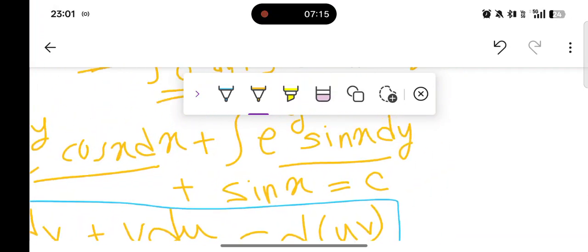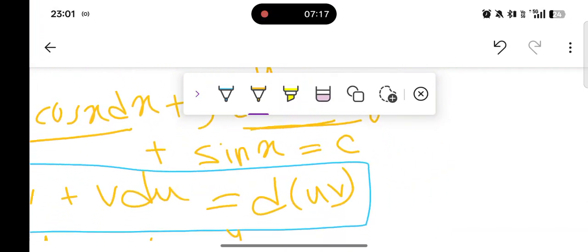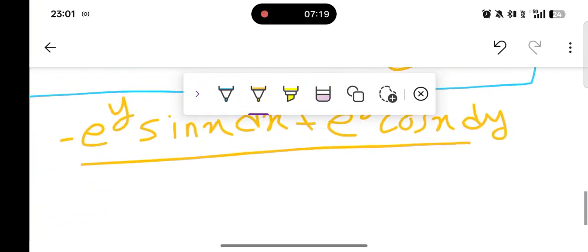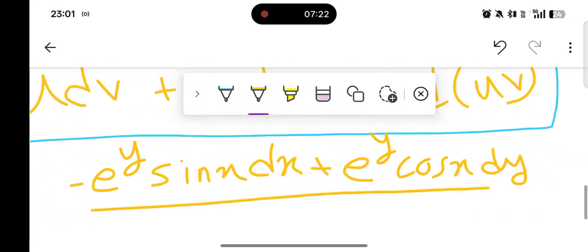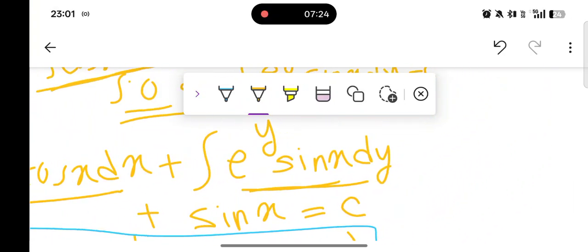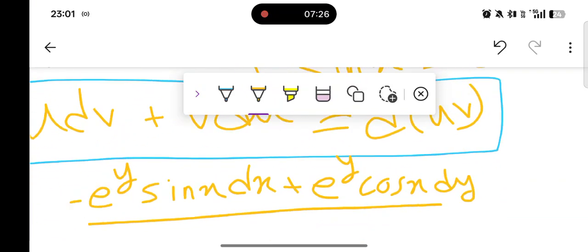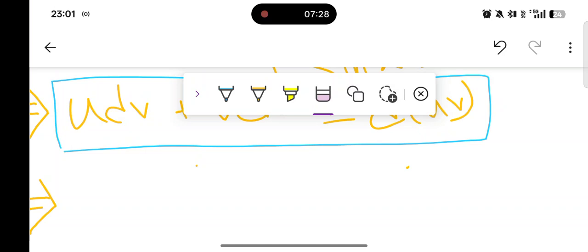So we have to take this function first, something like u is nothing but e to the y, but v is sin x. Let's see what will happen. I'm erasing that thing because this is not correct. After solving some amount of questions, you will be able to do it just after watching the equation.